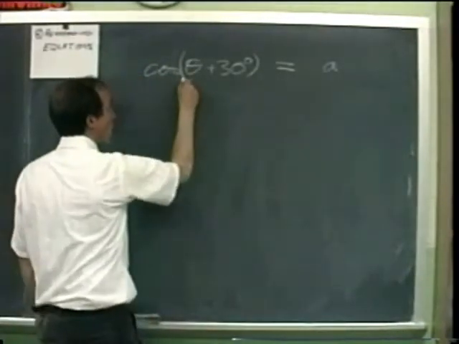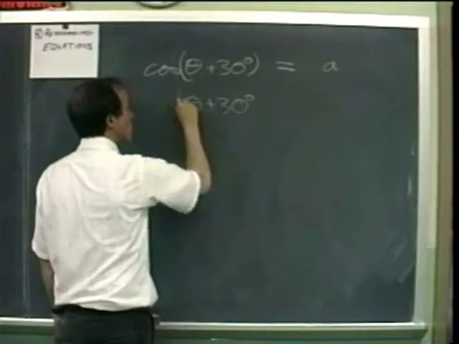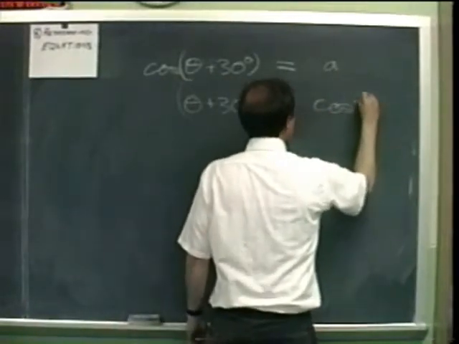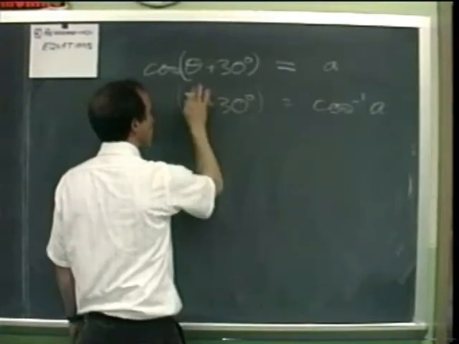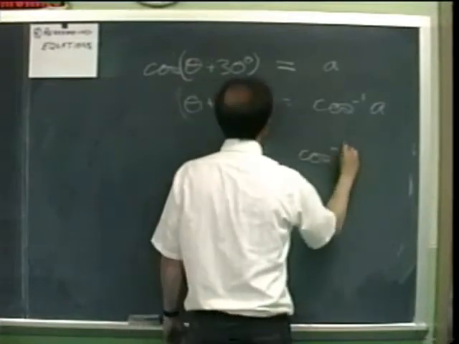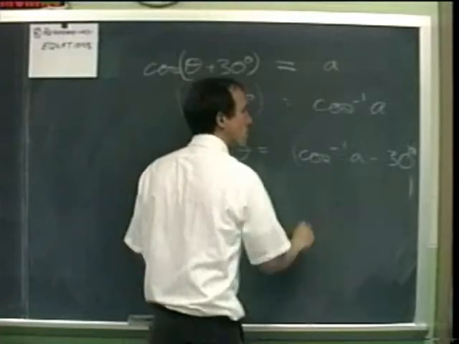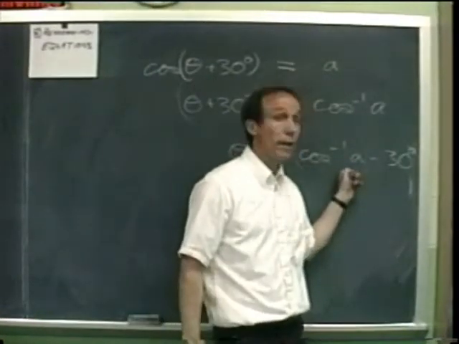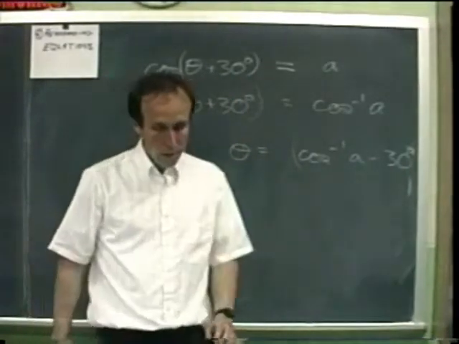You would take the arc cosine of both sides to get this entire argument by itself. And then I can subtract the 30 degrees from both sides. This is the arc cosine of a, and once you take that arc cosine, that gives you an angle. You subtract 30 degrees to find out what theta is.